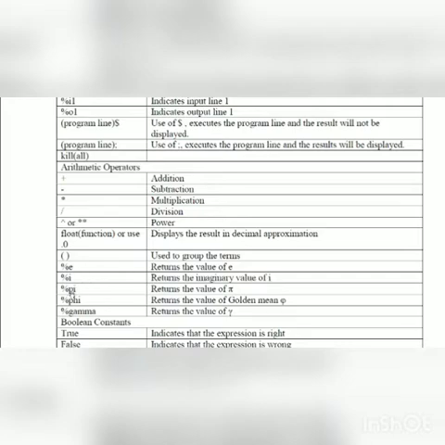Percentage pi gives you the value of pi. Percentage phi gives the value of the golden mean phi. And percentage gamma gives you the value of gamma. So these are built-in constants, and if you simply give E, it treats E as a variable.